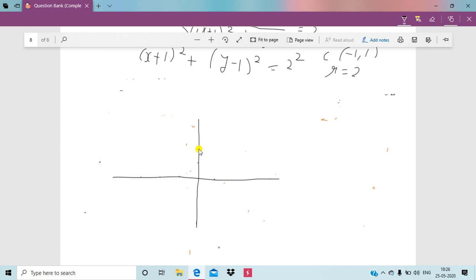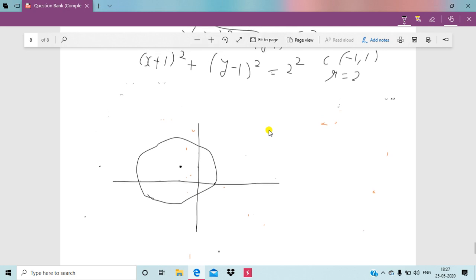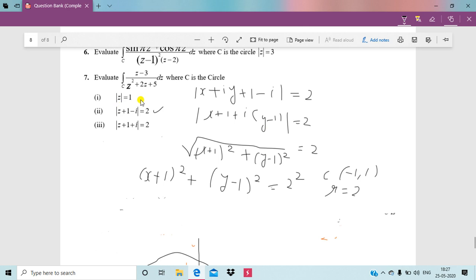So this may be the center. Center is minus 1, 1, and its radius is 2. So we will make a circle like this. It's a circle whose center is minus 1, 1, and radius is 2. So this is the circle, and let's check the points.